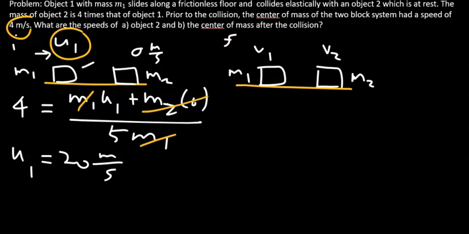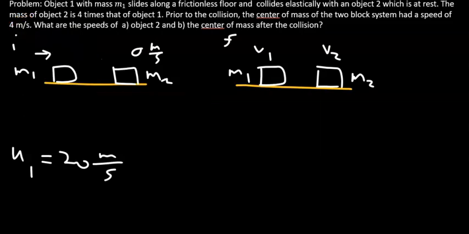So that is the speed of object 1 prior to collision, and we can label it here.